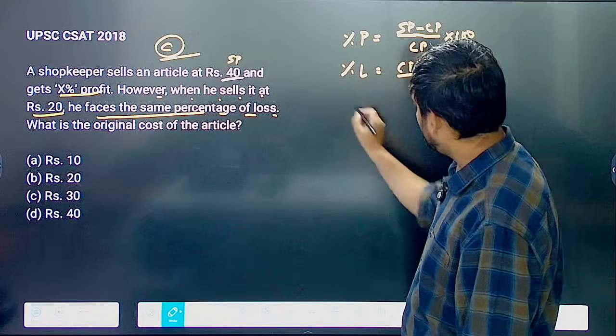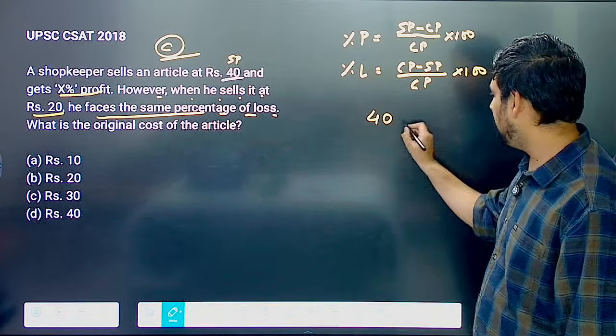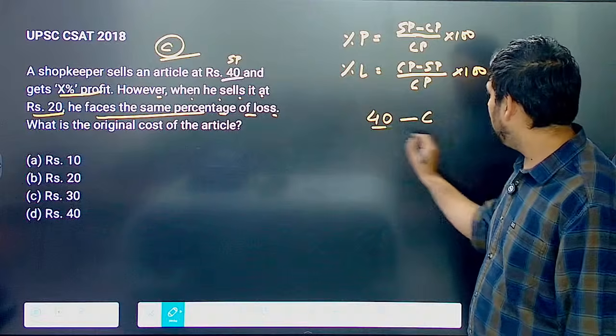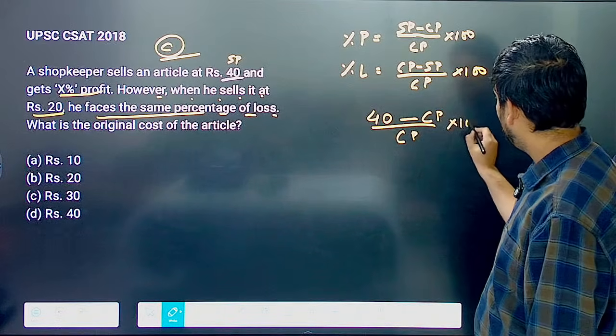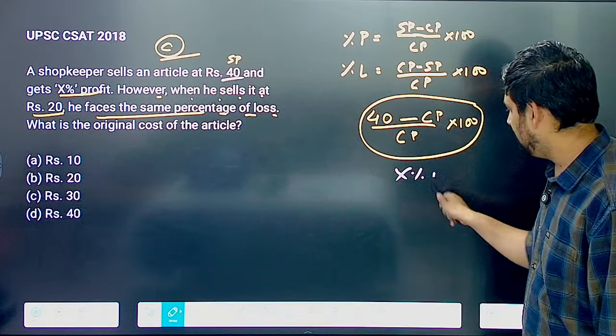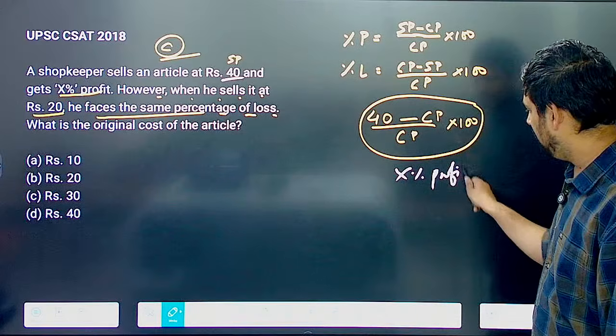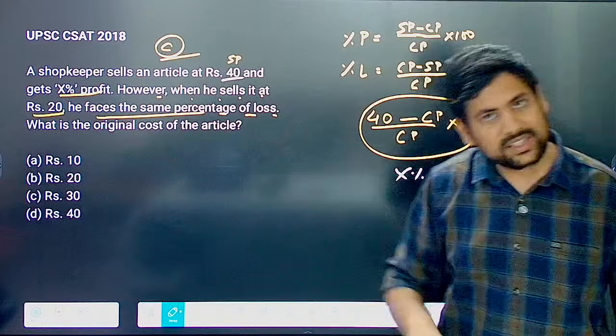First he's selling at 40, correct? So the initial selling price is 40 minus cost price, let's call it CP only, by cost price, into 100. This is X% profit. Now it is saying the same loss is also being experienced, that is the same X%.